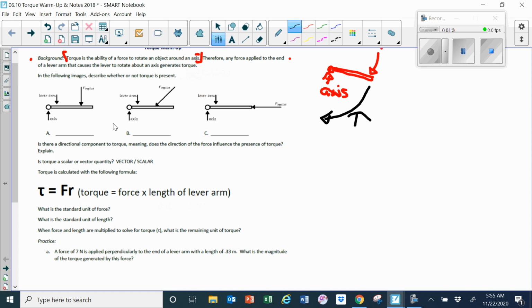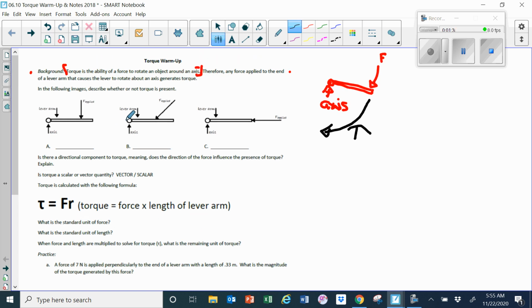So here are three cases of it, and let's talk about whether or not torque is present in each of these cases. In case A, it has an axis, it has a lever arm, and we apply the force here, and that creates a torque. Torque isn't really a force.